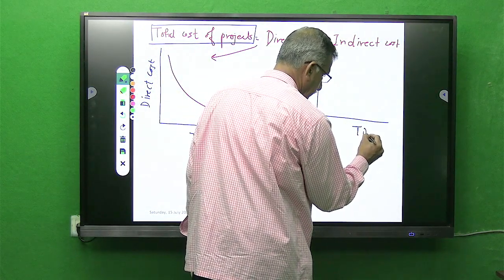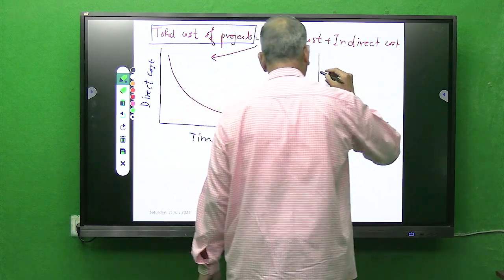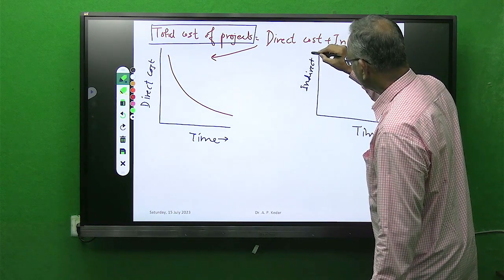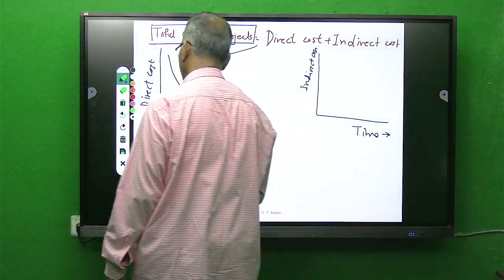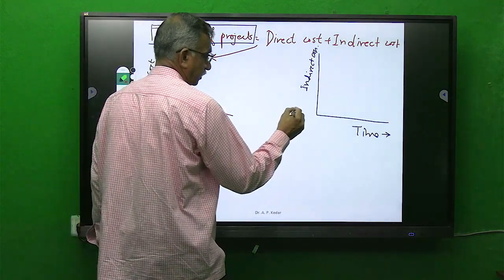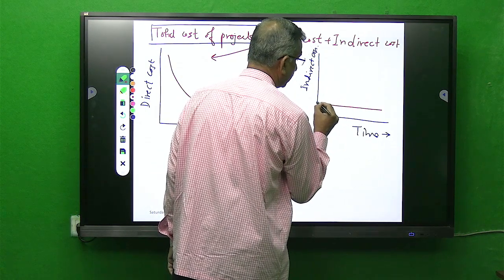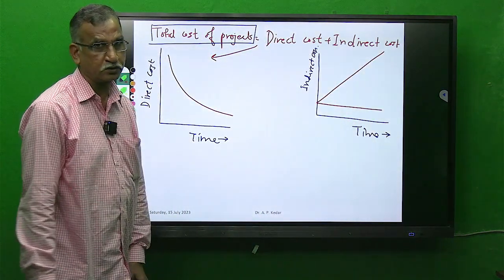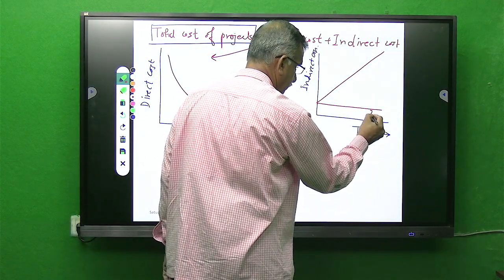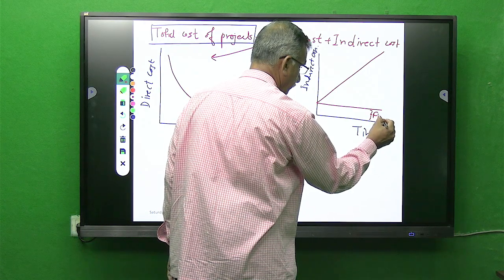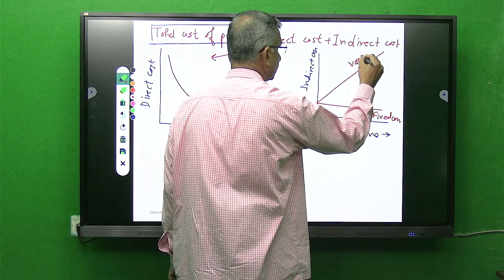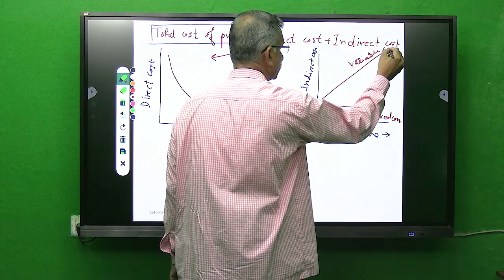If you consider time on the x-axis and indirect cost on the y-axis, we see two different behaviors, one like this and the other like this. You might have studied this in some subject. This one stands for fixed cost and this one stands for variable cost.